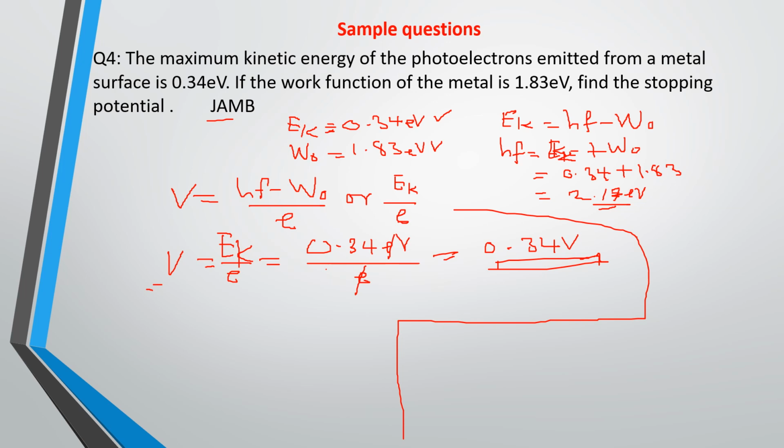Remember that we said V is equal to (hf minus W0) all over e.